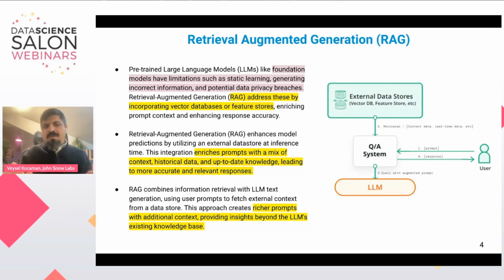You, first of all, have a richer prompt, right? With additional context. And then you give the LLM a chance to see more insights than its own knowledge base. And then you make sure that the hallucination is reduced as much as possible.